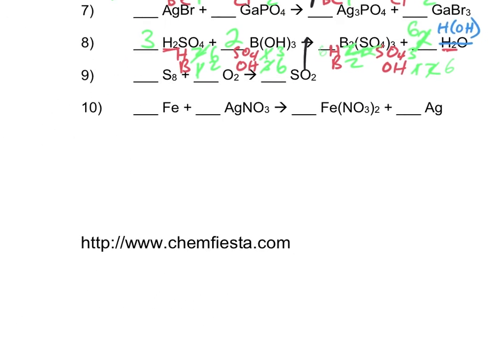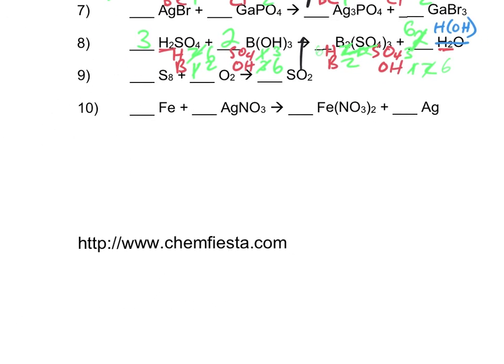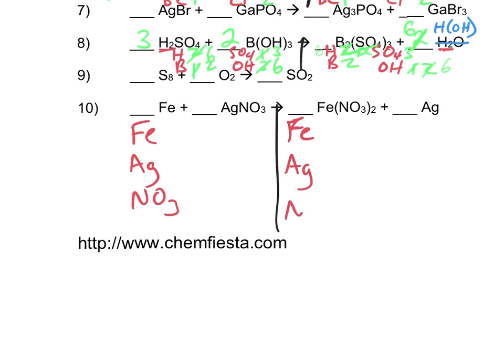Okay, number 10. Oh, look at all this beautiful space. This will be so much easier. We have iron, silver, and nitrate. Okay, make that better. We have metals that have swapped places. This is a single displacement reaction.